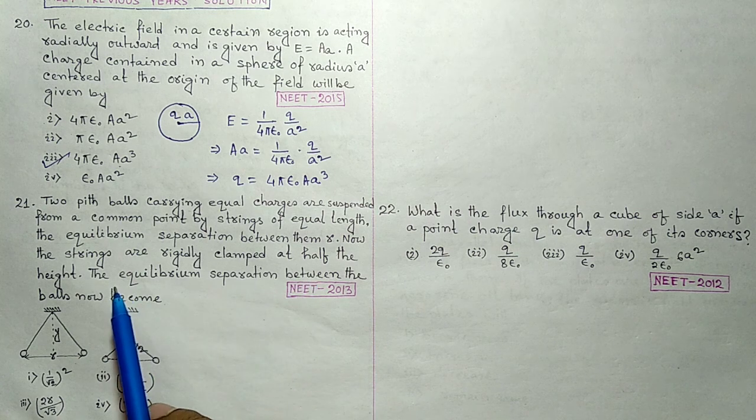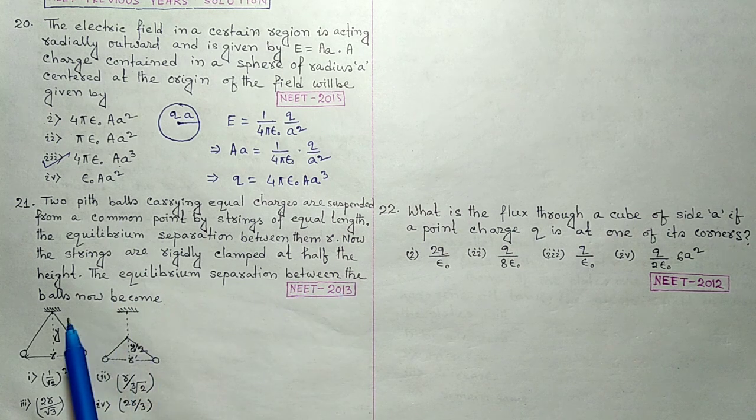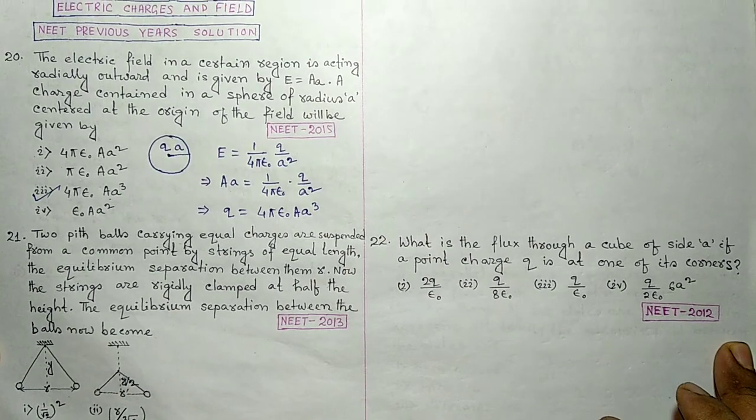Now we have to find out the equilibrium separation between the balls, R dash. Now the separation will be changed. We have to find it from the following options. Now we will start. So let's see the solution.